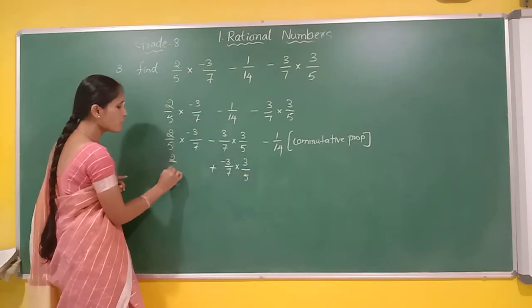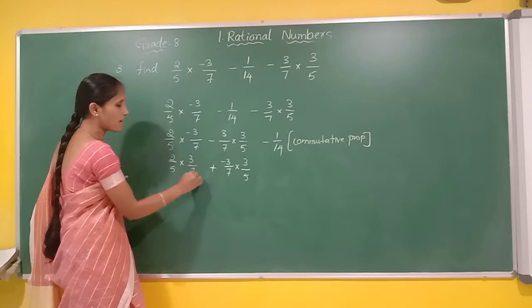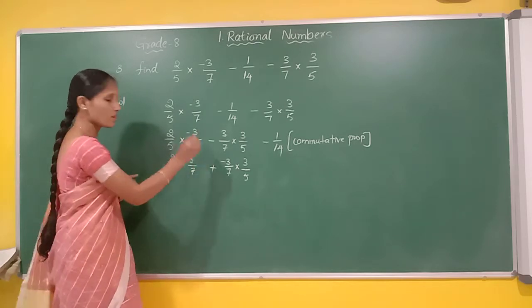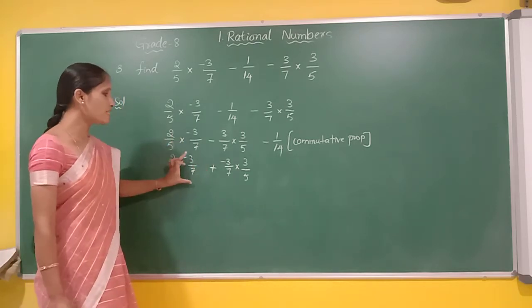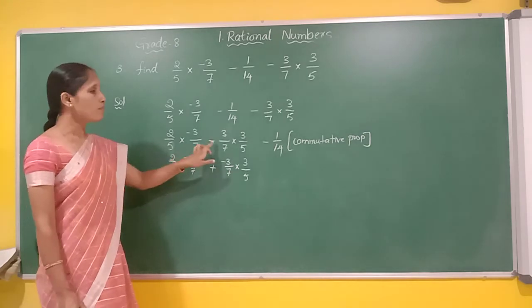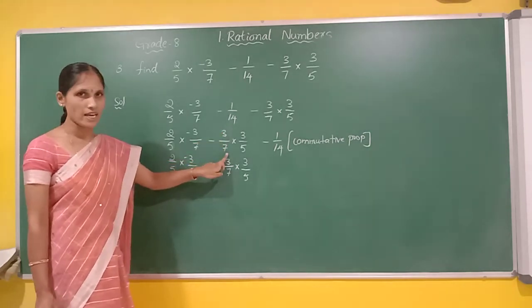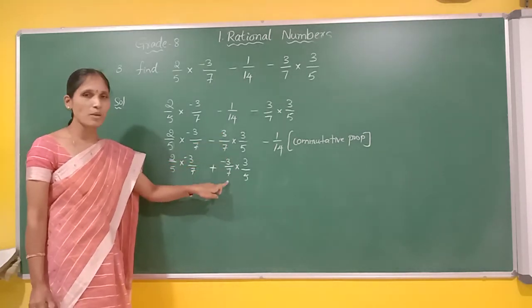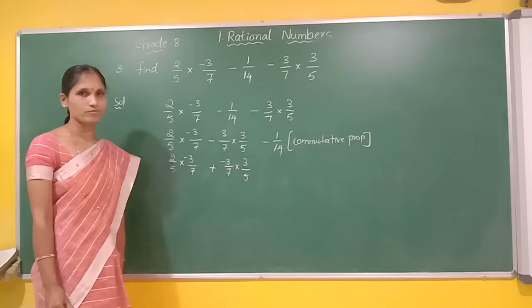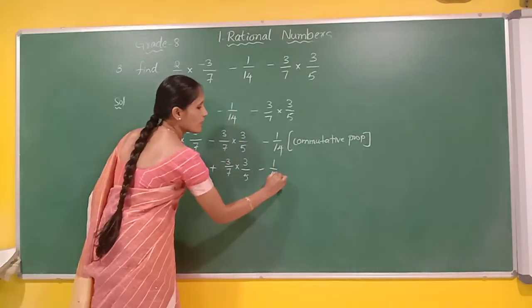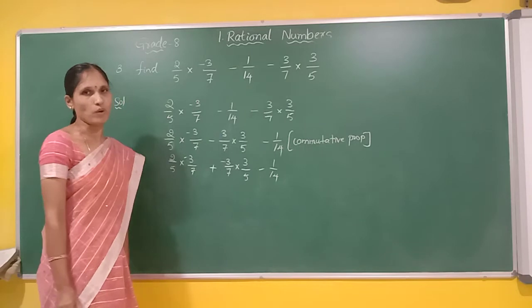This part as usual, 2 by 5 into minus 3 by 7, and minus 3 by 7 we write as plus of minus 3 by 7 into 3 by 5. Last one is minus 1 by 14 as usual.